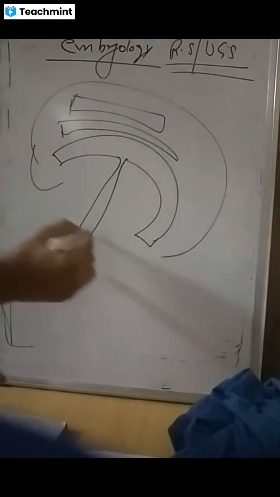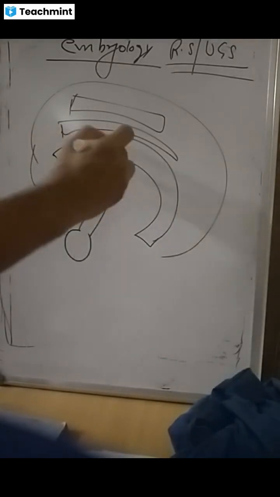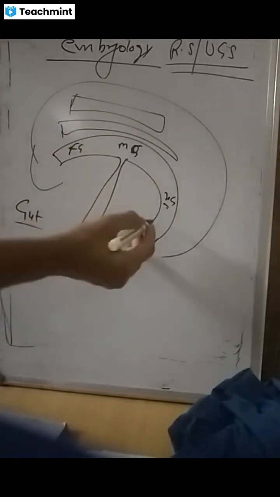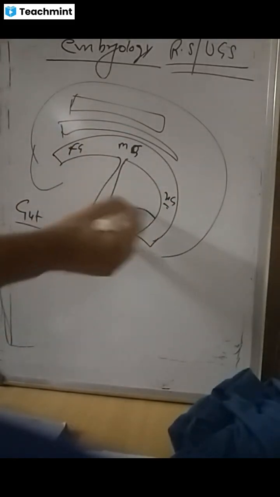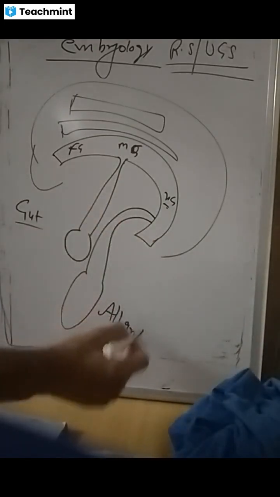This tube was your gut tube: foregut, midgut, and hindgut. The hindgut also has the allantois.